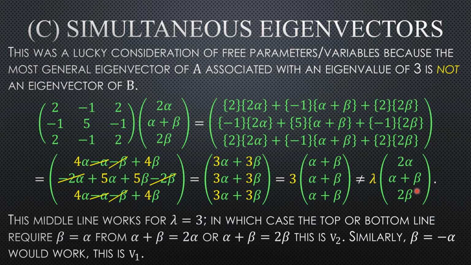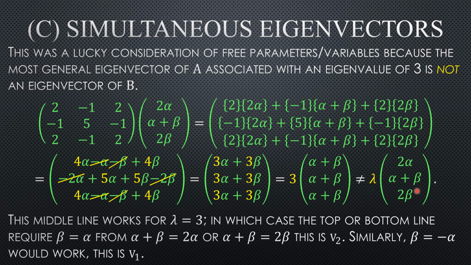What we note here is that the middle line does indeed work for lambda equal 3. But if this works for lambda equal 3, then this tells us that the top line or bottom line, that for beta has to equal alpha, regardless of how we want to work it. And we see that if alpha plus beta is to equal alpha, beta has to equal zero.